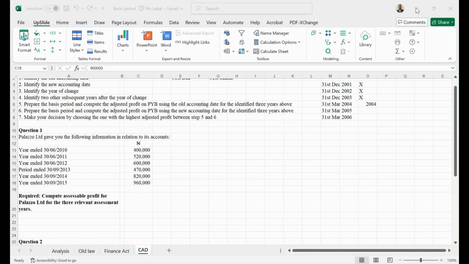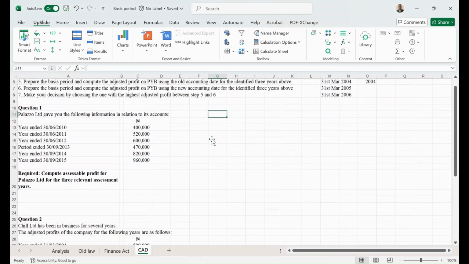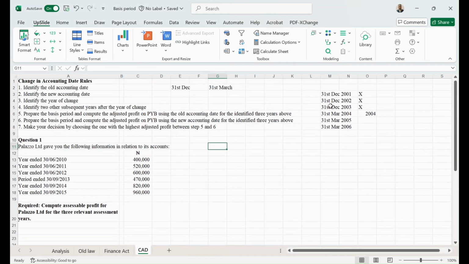So the steps to identify is that we need to start with the old accounting dates. Remember what we analyzed at the beginning. So let's have the solution to our question. Quickly, what is the old accounting date?